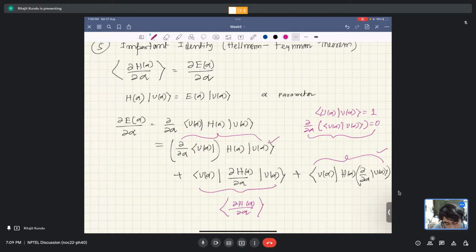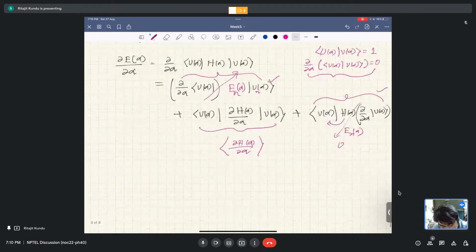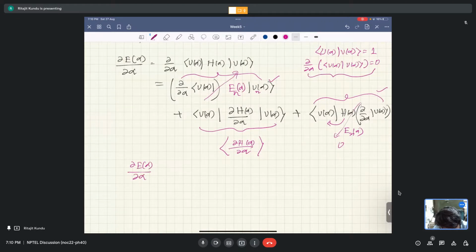Okay, so before doing that, you can also just substitute the eigenvalue equations, like En here, and here also you can substitute the eigenvalue equation, and you will find out that this and this go to 0. So which means you are left with only this quantity.